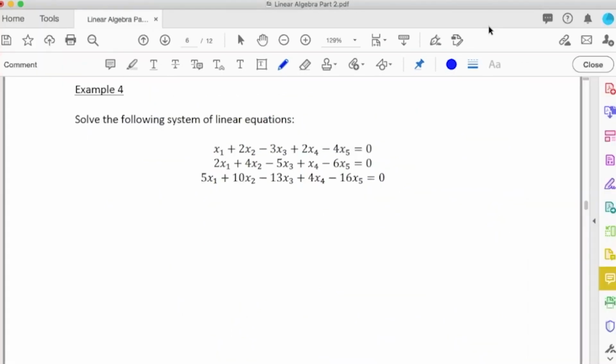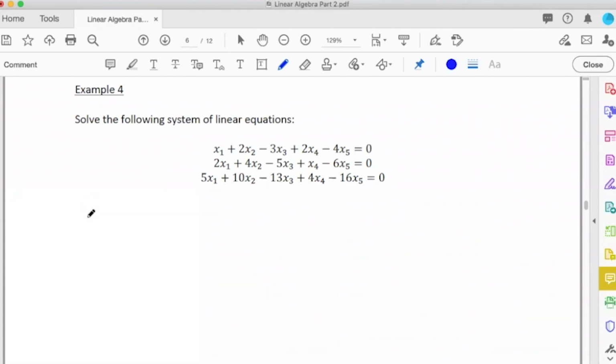Now we move to example 4. In this example, you need to solve the following system of linear equations where we have 3 different equations and 5 different unknown variables. First we need to put it into a matrix form.